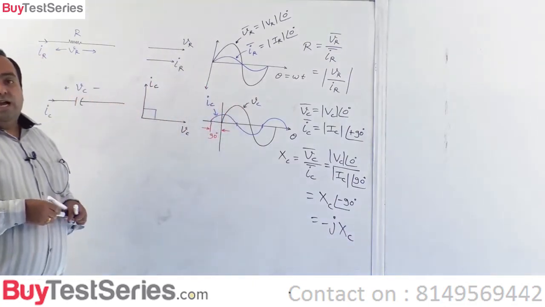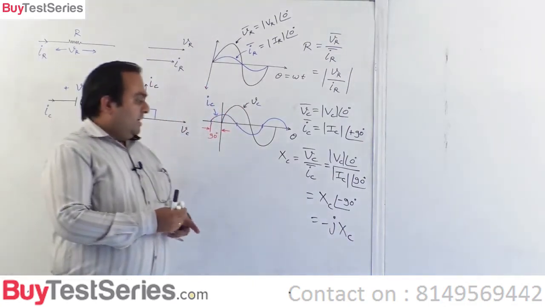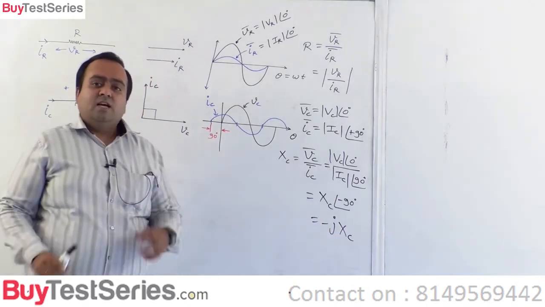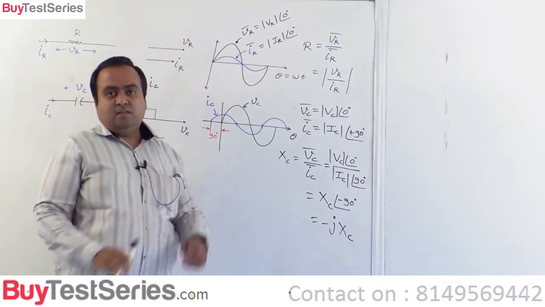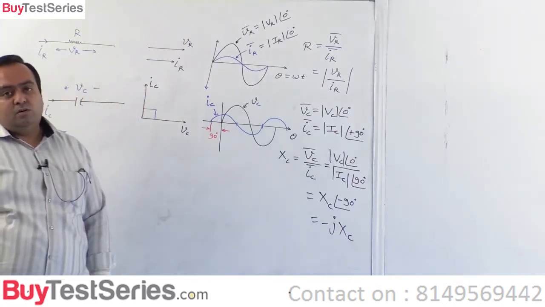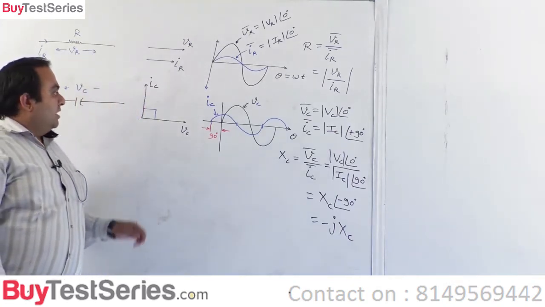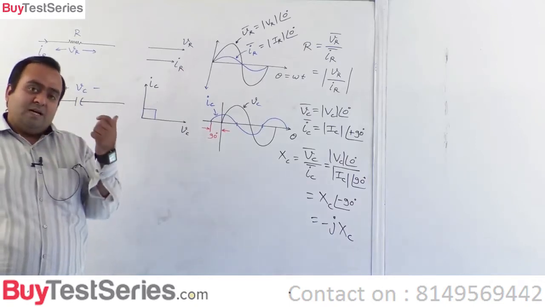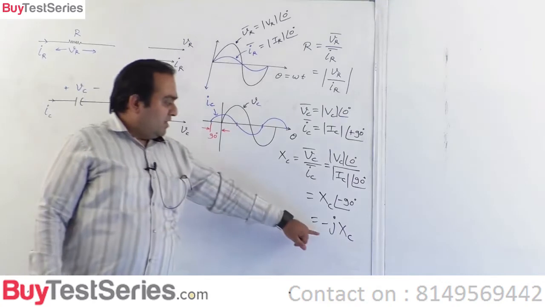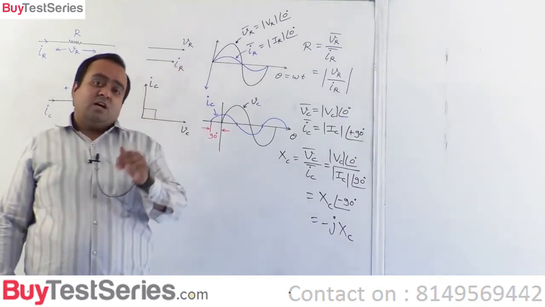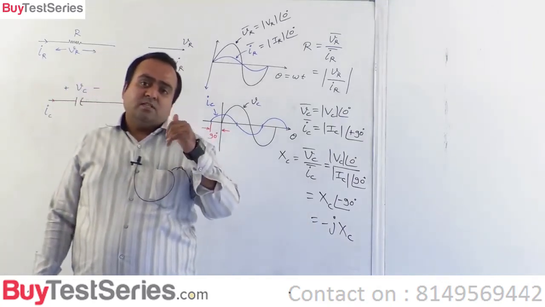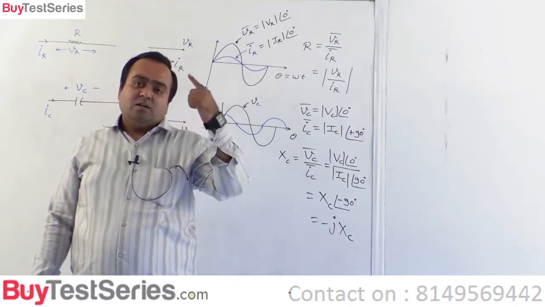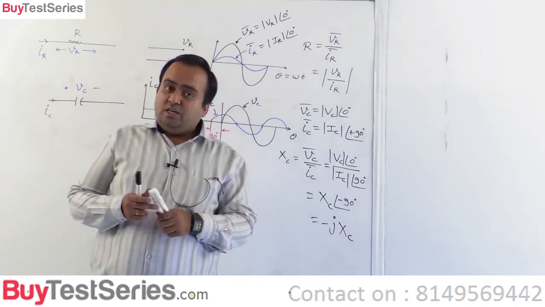So this is the reason why we would always write minus j with the capacitive reactance, in order to accommodate the phase of voltage with respect to current, because the current flowing through a capacitance must lead the capacitance voltage by 90 degrees, so it gets accommodated by this minus j. And for an inductor, the current must lag the inductor voltage by 90 degrees, so that gets accommodated if we write it with j.